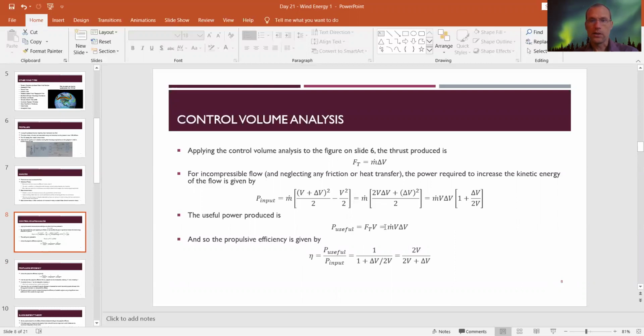Power going out is this force times velocity. So m dot v delta v on top, divided by m dot v delta v times (1 plus delta v over 2v) on the bottom. So those guys cancel out. All I'm left with is 1 plus delta v over 2v on the bottom. And then I can just multiply by 2v to get rid of this compound fraction on the bottom. So 2v over (2v plus delta v) gives the propulsive efficiency of this propeller.